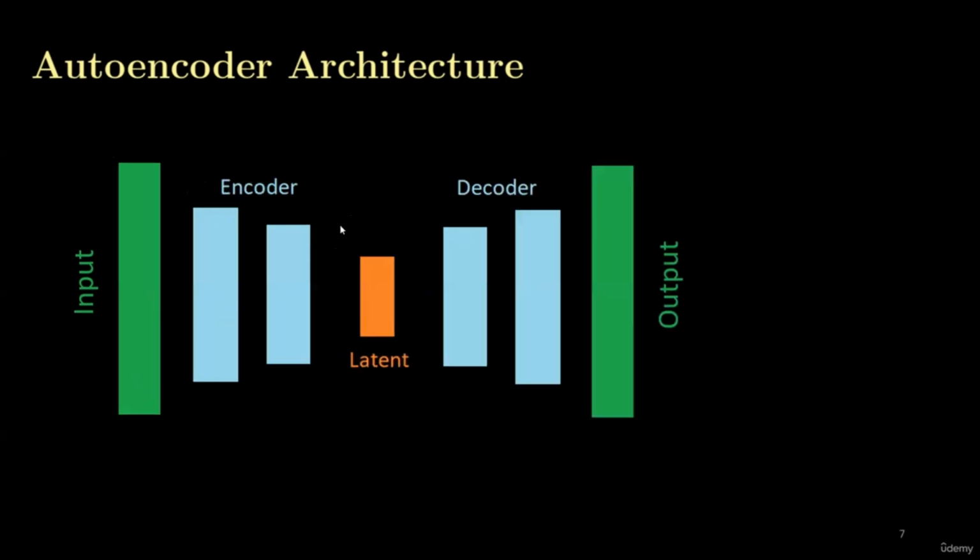So this is another autoencoder architecture. Here we can see that we have more than one layer in the encoder, and also more than one layer in the decoder. So it is possible to add many layers in the encoder component of the autoencoder and also in the decoder component. It depends upon the task and the size of the data.